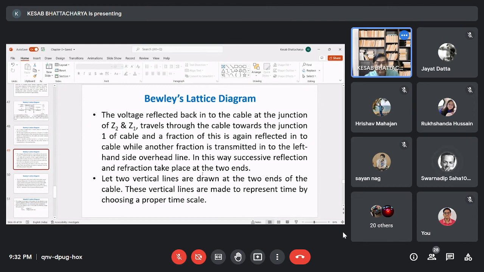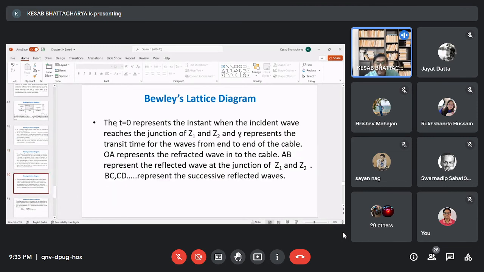Yes, sir. Understood. Okay. Now let two vertical lines be drawn at the two ends of the cable. These two vertical lines are made to represent time by choosing a proper time scale. The t equal to 0 represents the instant when the incident wave reaches the junction of Z1 and Z2, and gamma represents the transit time for the waves from end to end of the cable.